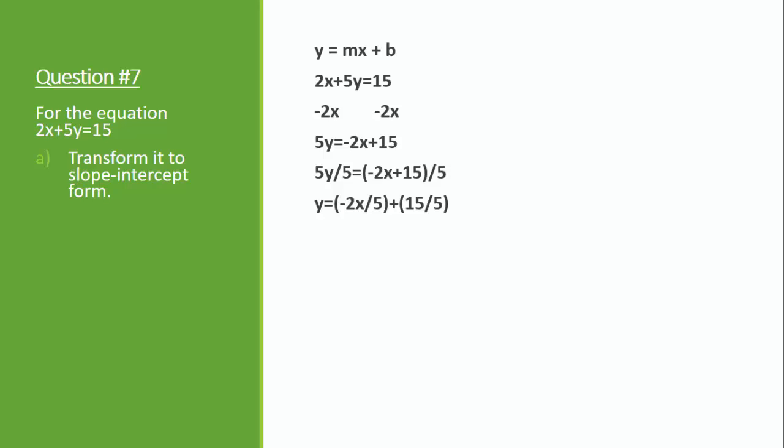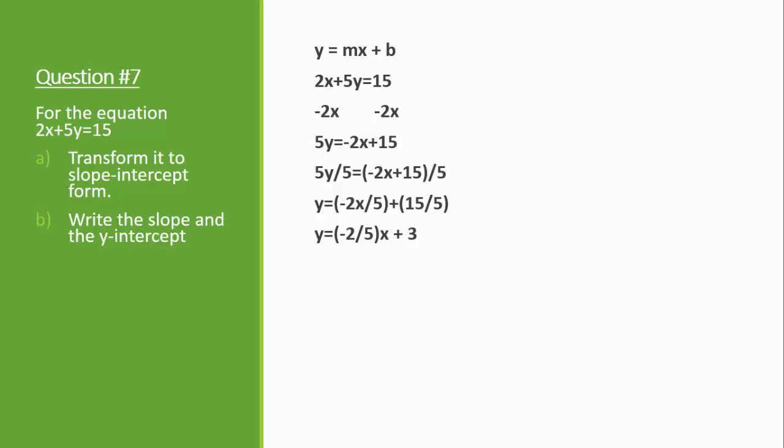We can distribute the division by 5 across, and as we simplify it, you'll see that y is equal to negative 2/5 x plus 3. So we've taken our equation, 2x plus 5y equals 15, and written it so that y is equal to something times x plus b, or y is equal to negative 2/5 x plus 3.